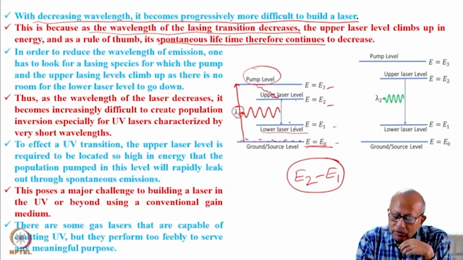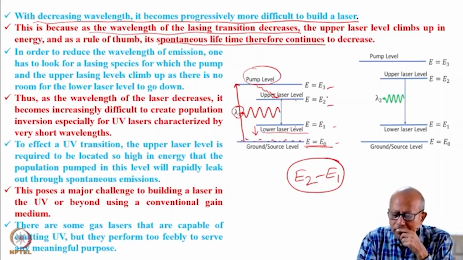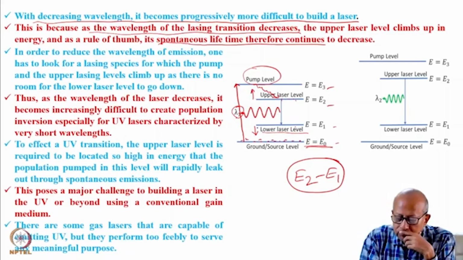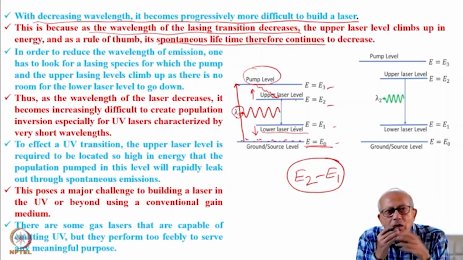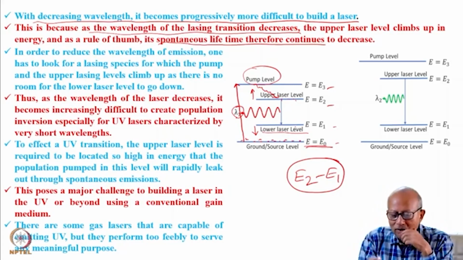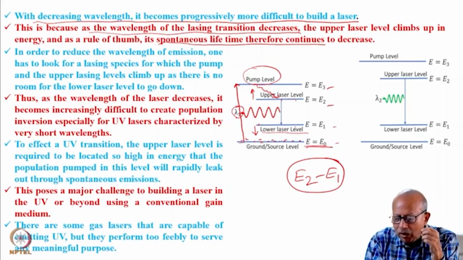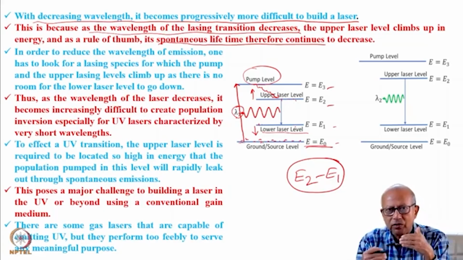So how do you increase this gap? Two ways. Either you take the lower laser level down, or take the upper laser level up. Now, taking the lower laser level down is not so easy, because the room over which you can take it down is limited, because the ground level is fixed at zero energy.